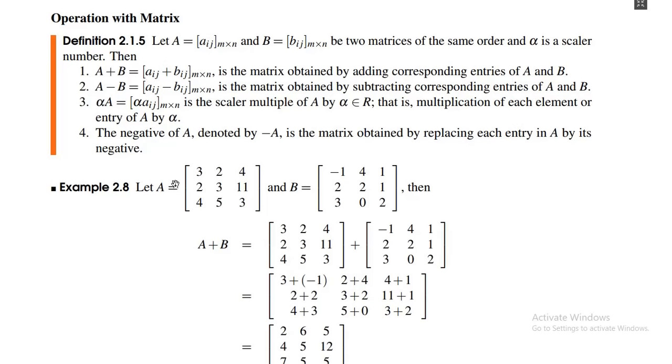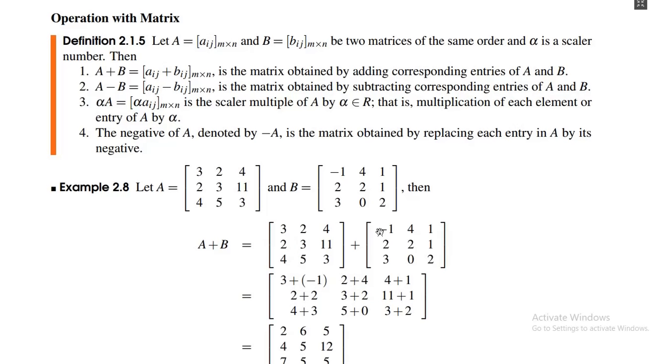For example, let matrix A be 3, 2, 4, 2, 3, 11, 4, 5, 3, and matrix B be minus 1, 4, 1, 2, 2, 1, 3, 0, 2. Then what is A plus B? To find A plus B, matrix A is given here and B is here, therefore we add their corresponding entries, since they have the same size or order.